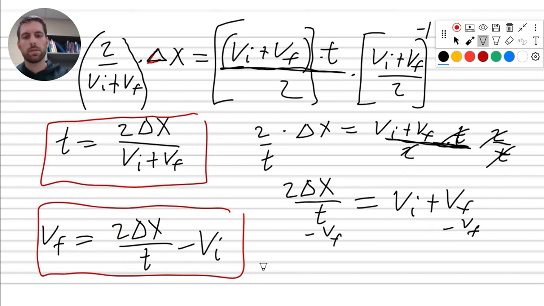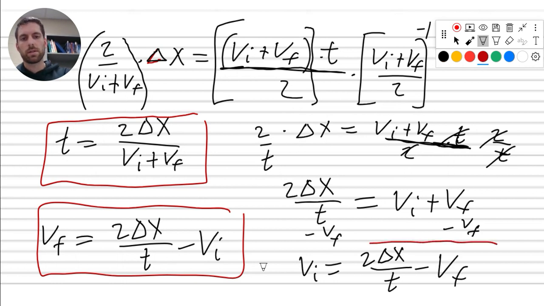Right, so now I get v initial equals 2 change in x over time minus my v final. There's another equation I've solved for.